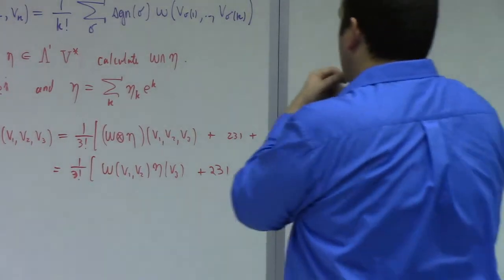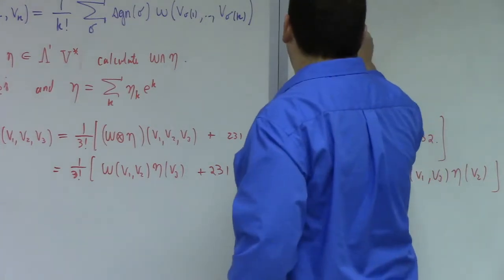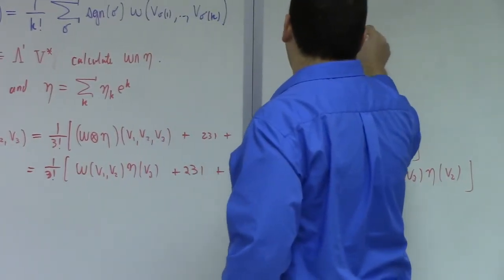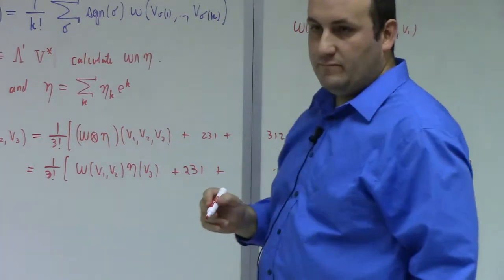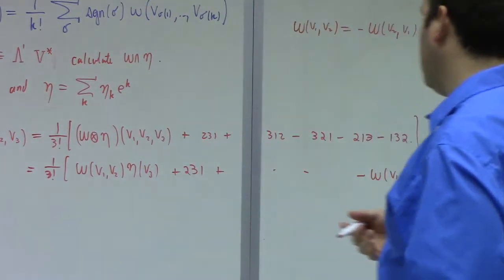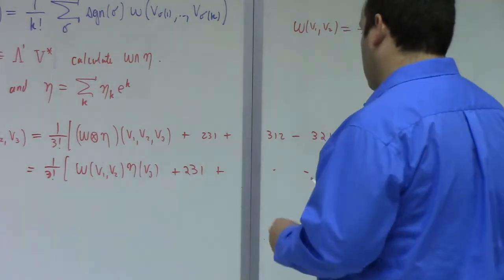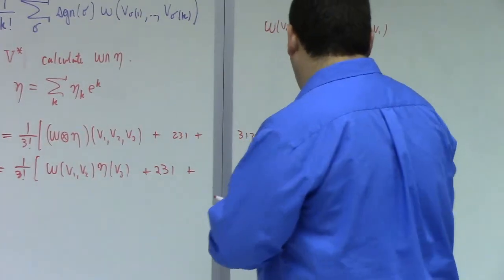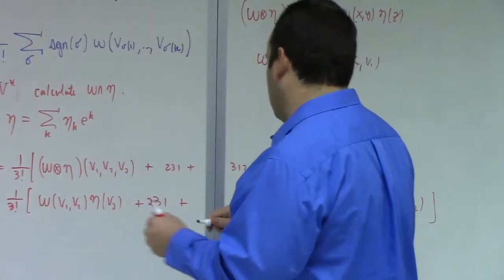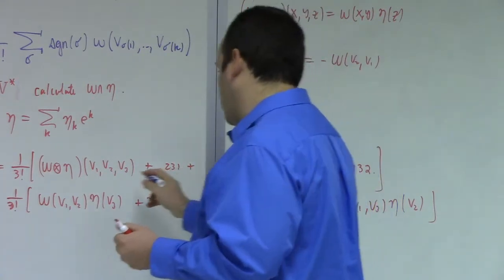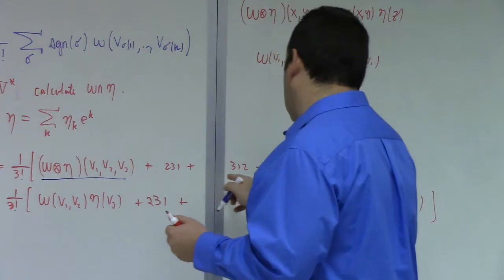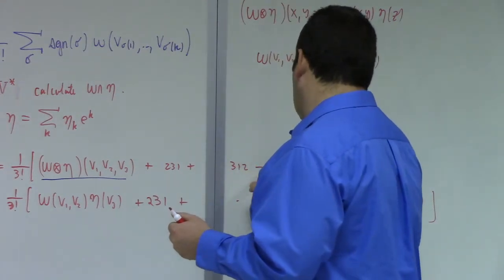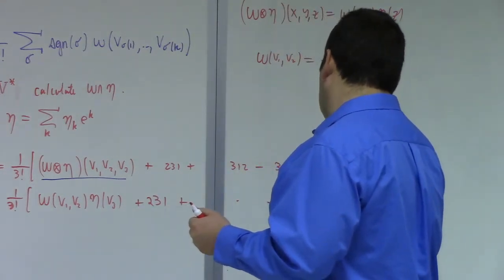Now, omega of v1, v2 is equal to minus omega of v2, v1, right? Because it's anti-symmetric. So if you look at this, there's two things that you can group. I think, for example, this one gets attached to this one, right?